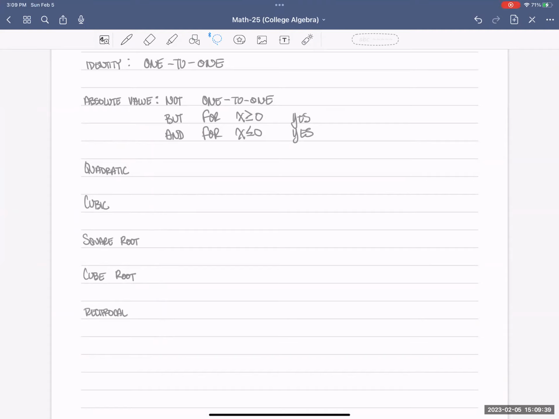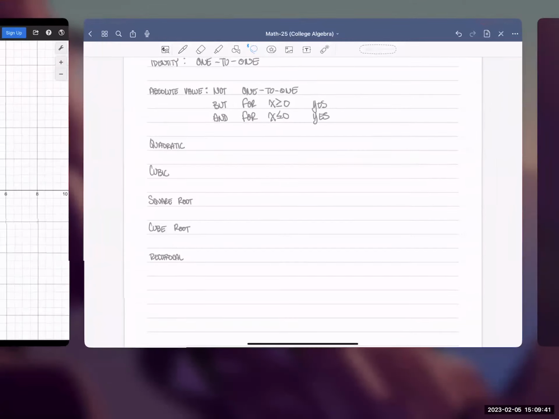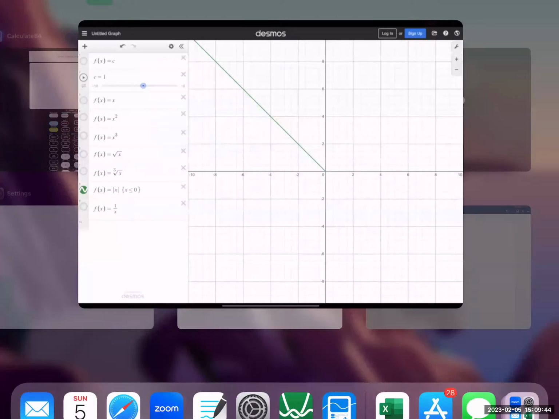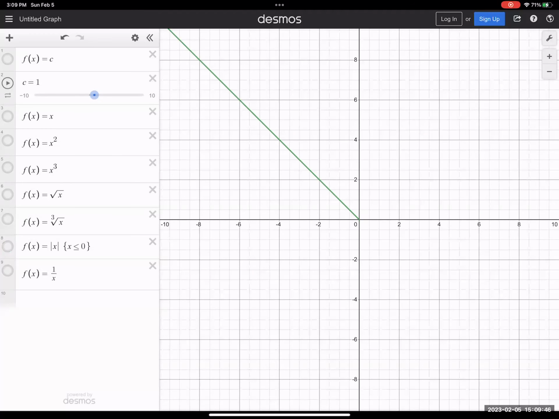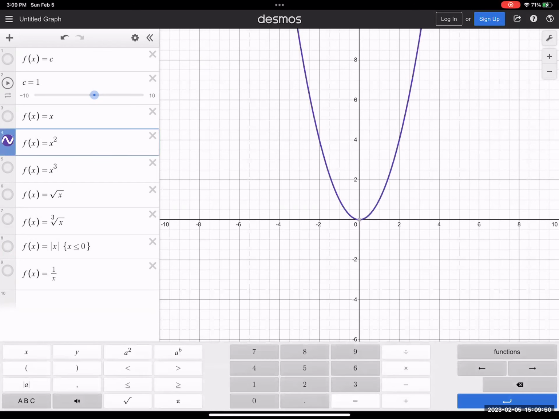They told us not to do quadratic, but let's just do it. The quadratic function is our x squared function. It looks like we could do something similar to what we did for the absolute value.